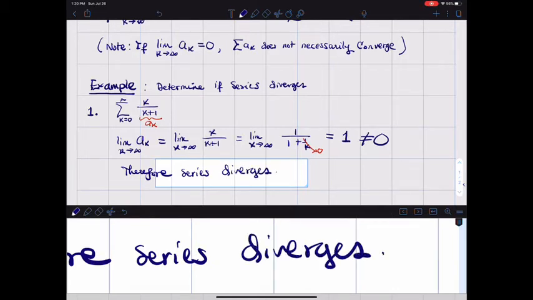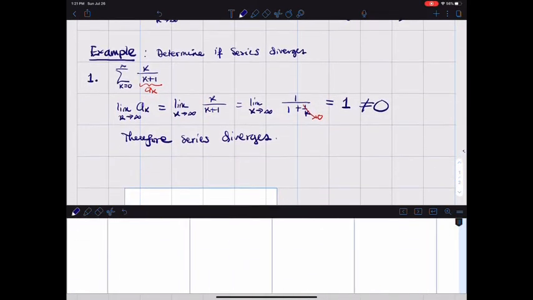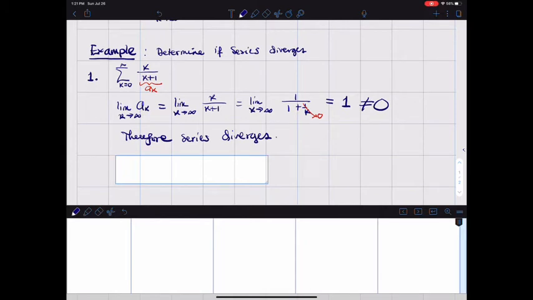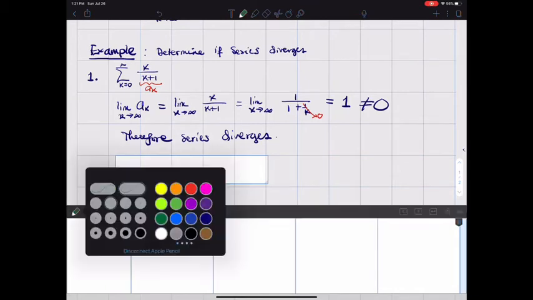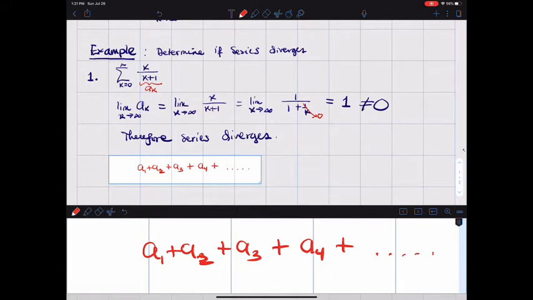So let's talk a little bit more about this. If you have a bunch of numbers, a_1, a_2, a_3, a_4, and we're adding all of them up, and we just keep going, and this limit is not going to 0.